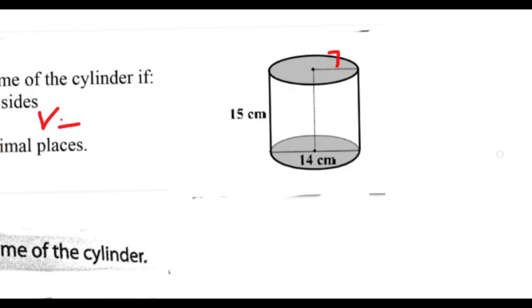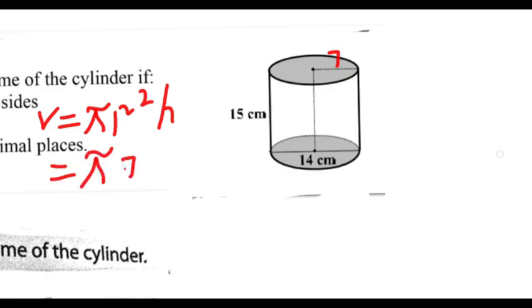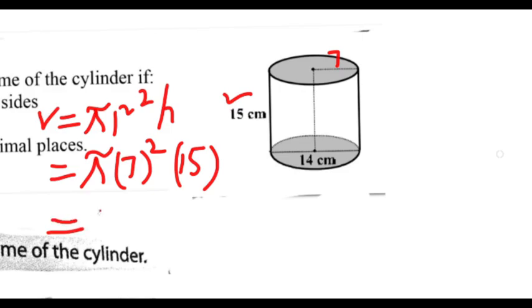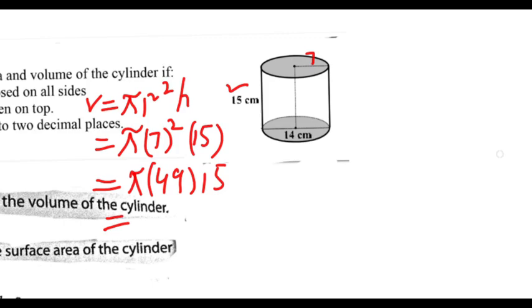So the volume formula says pi r squared h. Pi I leave as is, radius we got 7 squared, and h we got 15, multiply 15. I use my calculator. The answer will be pi times 49 times 15. Further simplified, the answer is 735 pi.